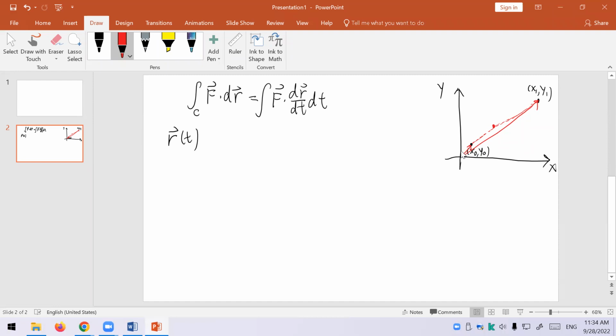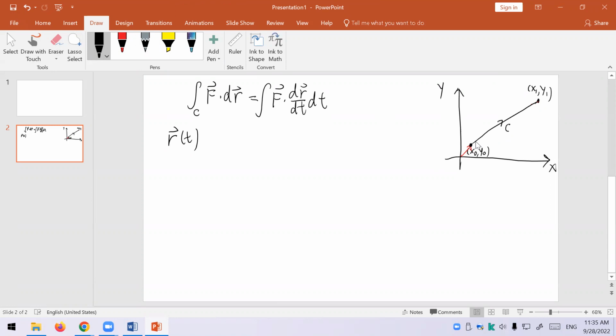Let's start with the simplest case, where I have a straight line connecting the two points. Okay, not very straight, but this is a straight line that I'm going to consider as my path.